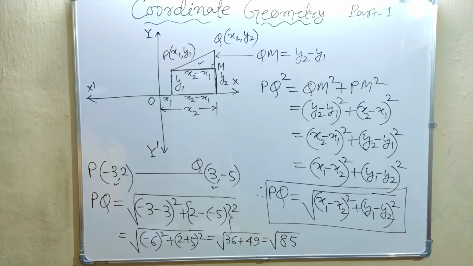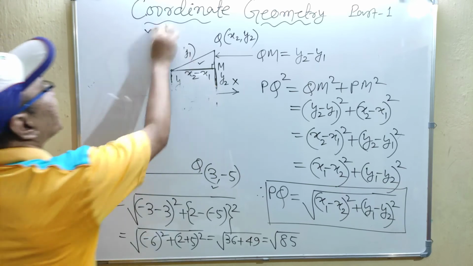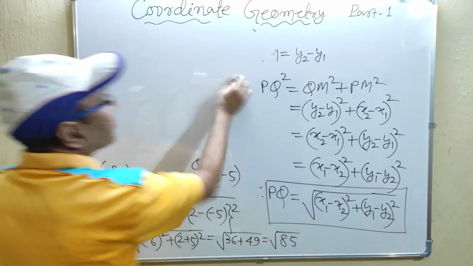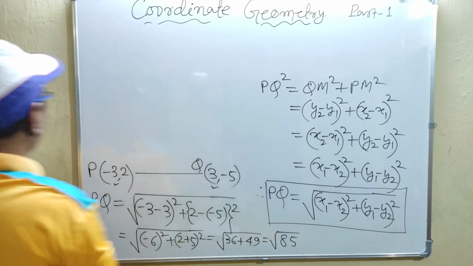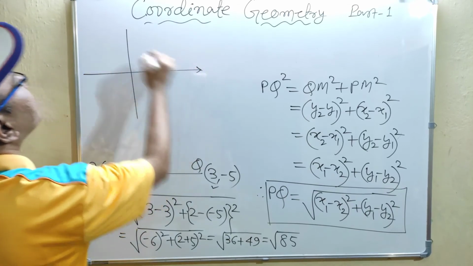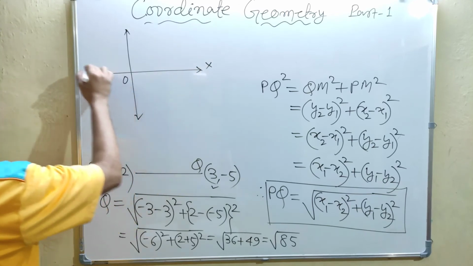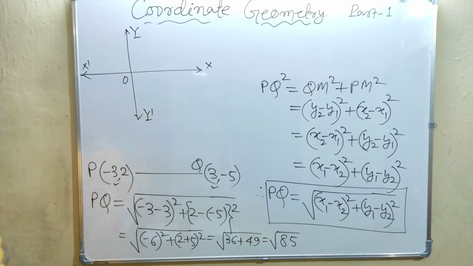In this way we can find distance of any 2 points on a given plane. Now, XO x dash and YO y dash are coordinate axis and O is the origin.